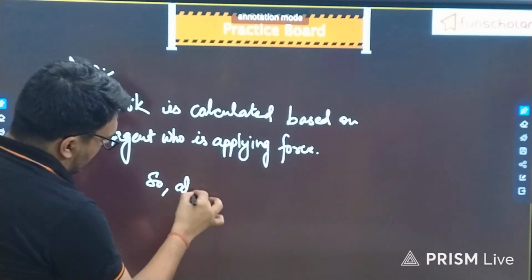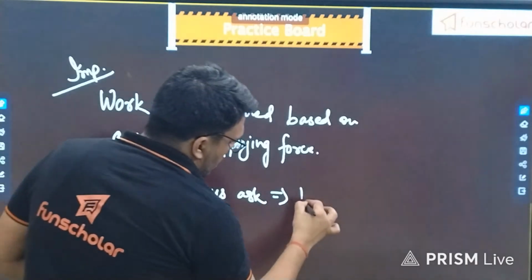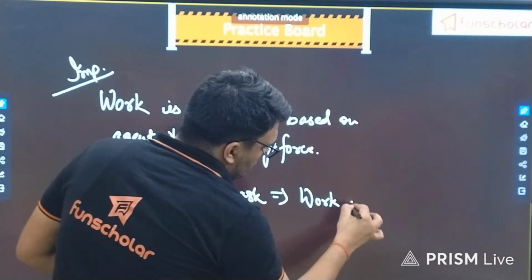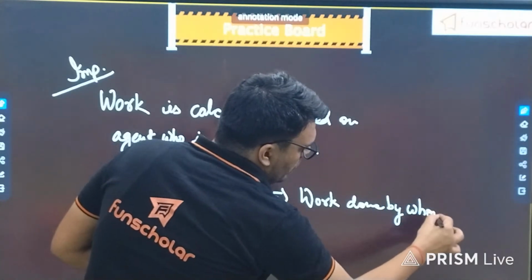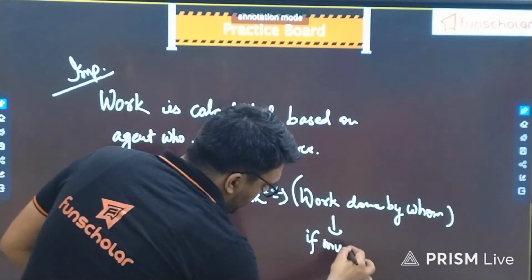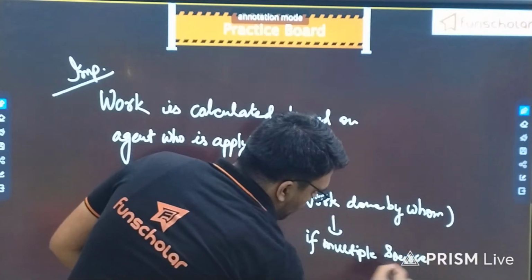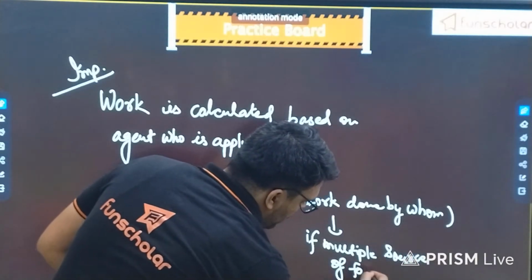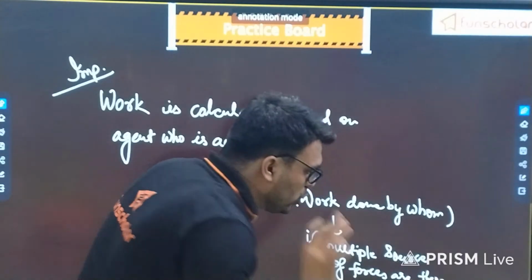So always ask, work done by whom? Work done by which agent, if multiple sources of forces are there. Now don't get confused.